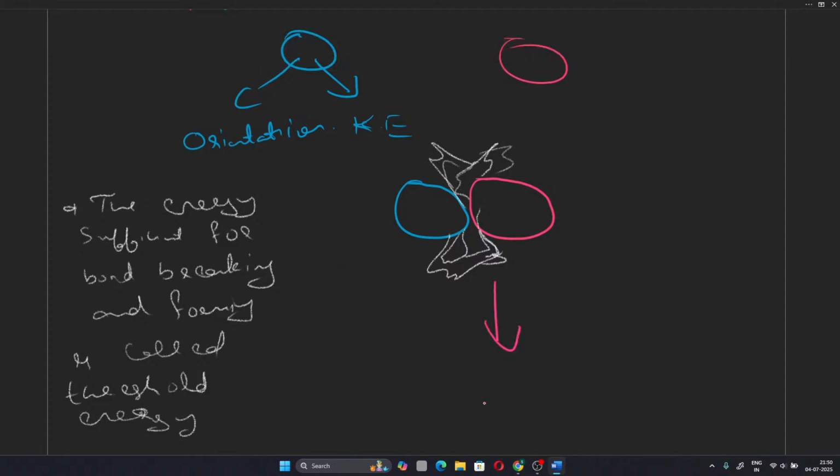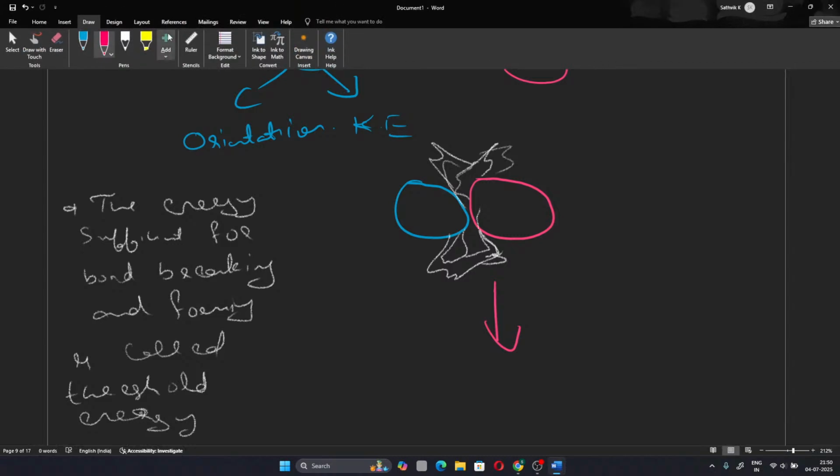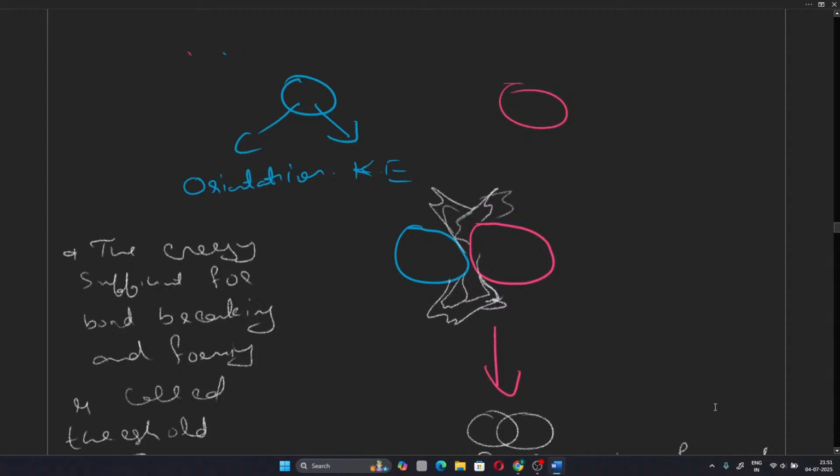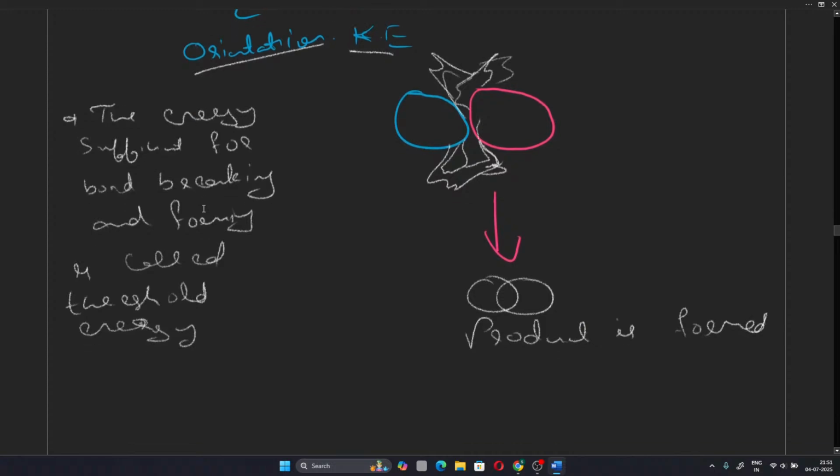Then only the final product is formed. And not all collisions work, because this should have a specific orientation as well. If it doesn't have a specific orientation and its kinetic energy is not sufficient to reach the threshold energy, then there is no product formation.